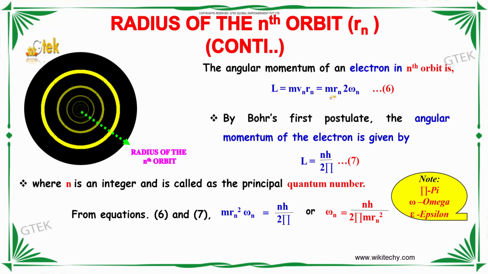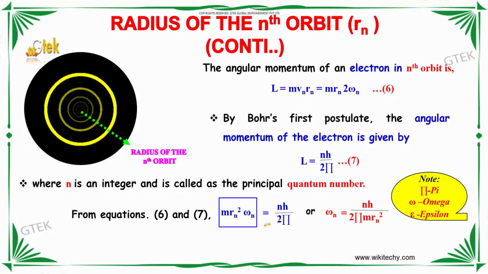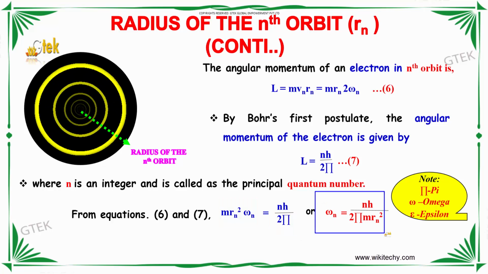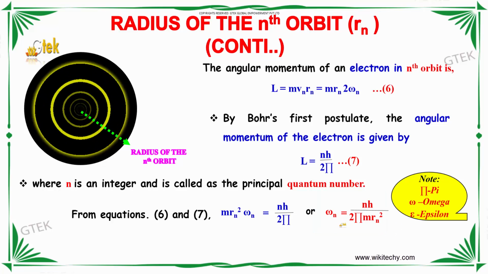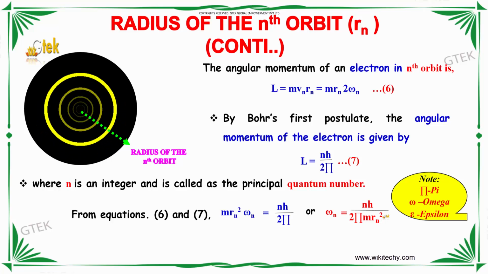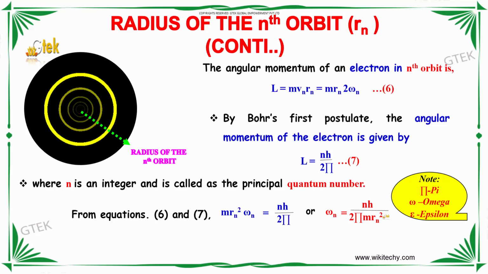So m Rn square omega n is equivalent to nh by 2 pi. That is, omega n is equal to nh divided by 2 pi m Rn square. This is your angular momentum.